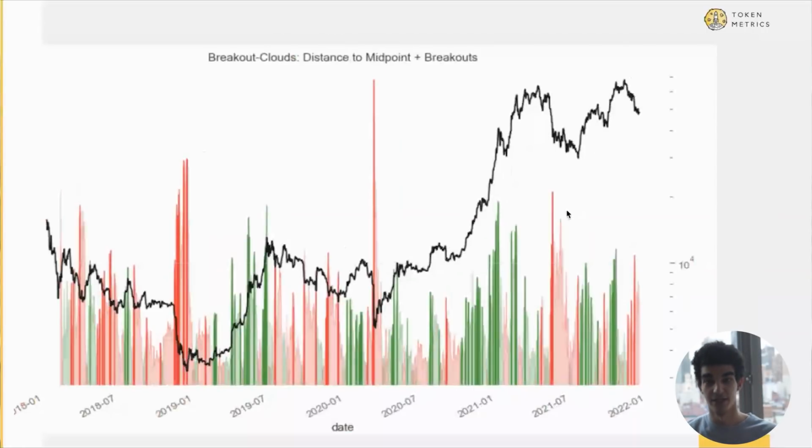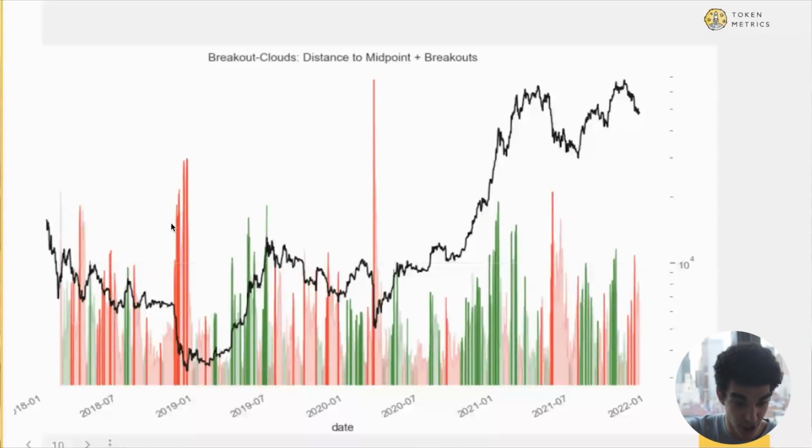Now, another way we can look at the same thing, but instead of just looking at the midpoint, I also want to highlight the breakout. So here it gives us an early signal. For example, here we are in the red cloud, which is not the dark red, because we are bearish, but we didn't really break out from the support to go completely bearish.